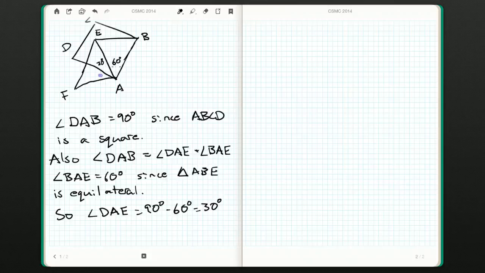So we can fill this in: 60 degrees and 30 degrees, and this whole thing here is a right angle. Another angle I can notice is FAE. It's also going to be 60 degrees. Why? Because AEF is an equilateral triangle as well.